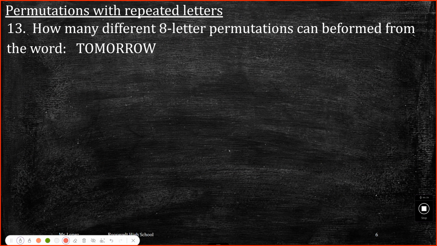So what's happening here is we have repeated letters. Some of these things are repeated, like O is repeated three times, and also R is repeated twice. So you just have to get rid of those repeats again, kind of like what I just did. It is a permutation, so you do have 8 letters: 1, 2, 3, 4, 5, 6, 7, 8.